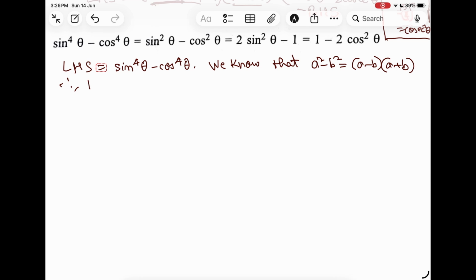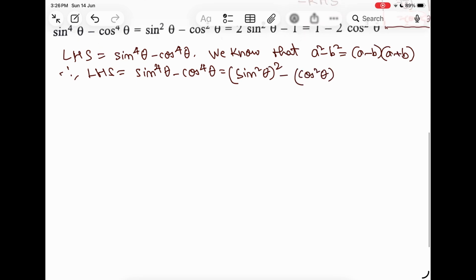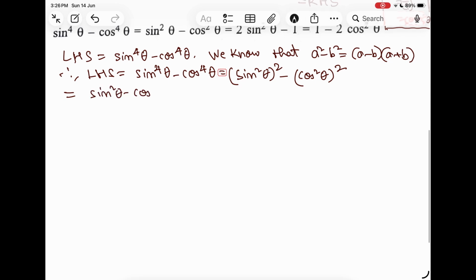So applying this, we have LHS equal to sine to the power 4 theta minus cos to the power 4 theta, which can be further written as sine square theta whole square minus cos square theta whole square, right? Now, next we can simplify it as a minus b multiplied by a plus b, that is sine square theta minus cos square theta multiplied with sine square theta plus cos square theta.